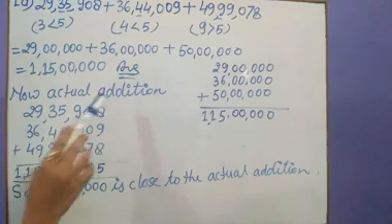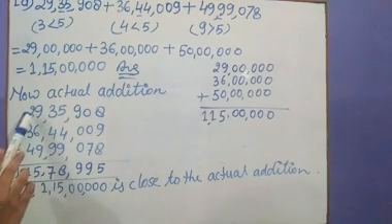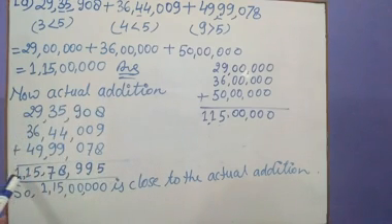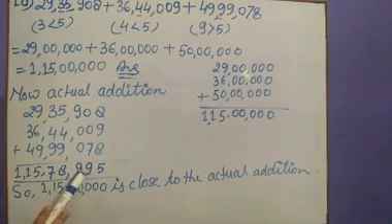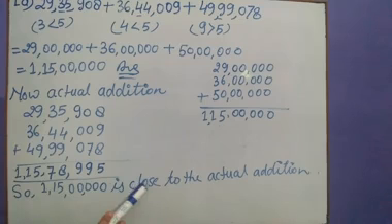Now, actual addition will be 1 crore 15 lakh 78,995. So, 1 crore 15 lakh is close to the actual addition. Understood?